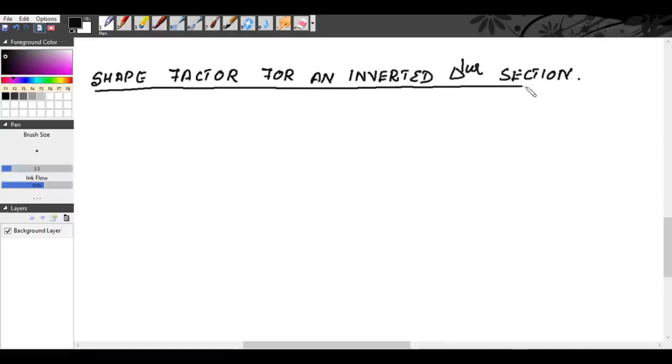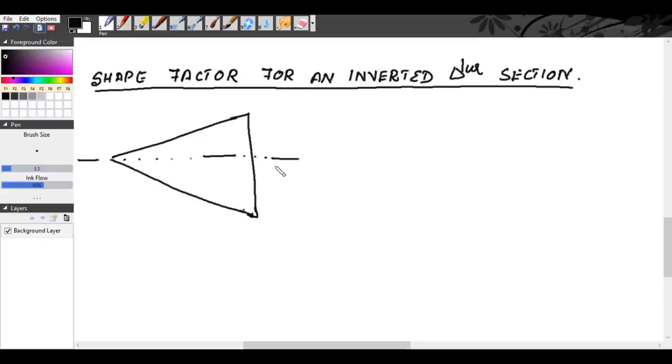You can continue. So inverted triangular section means your triangle will lie like this. If your triangle is lying like this, the neutral axis and equal area axis remain the same.